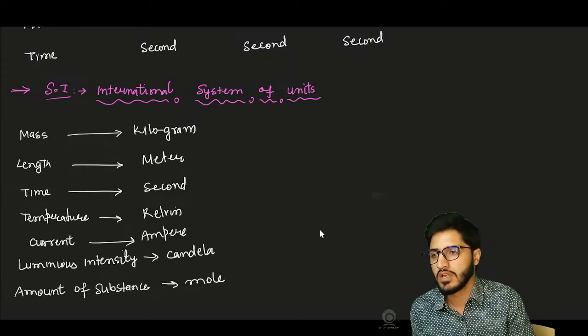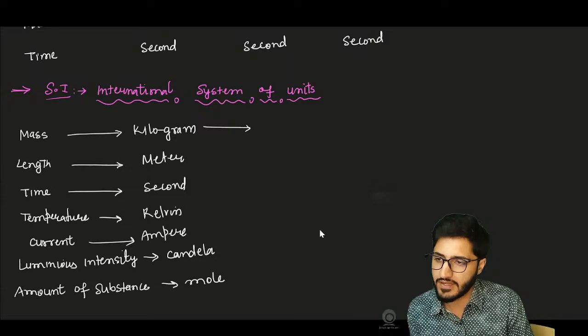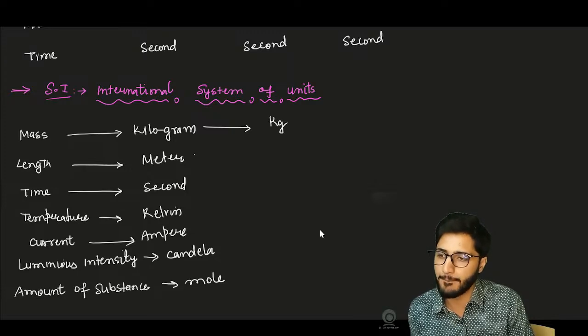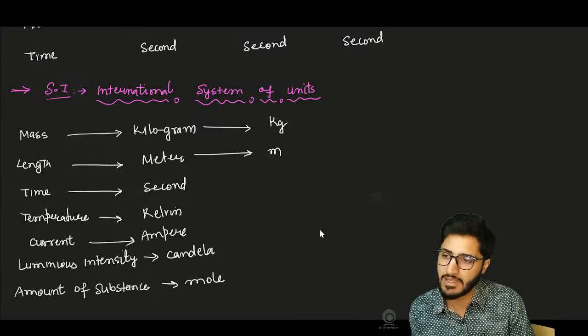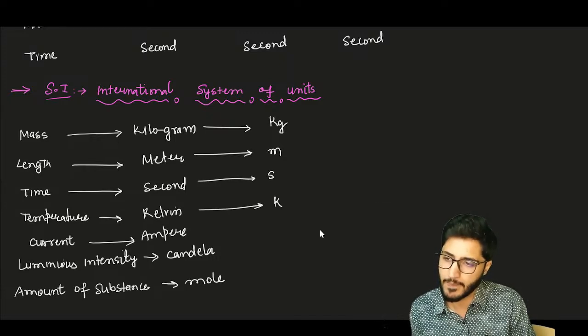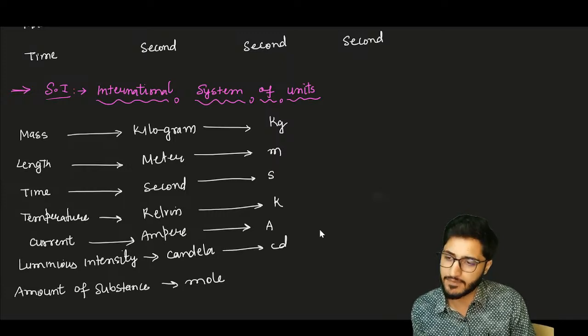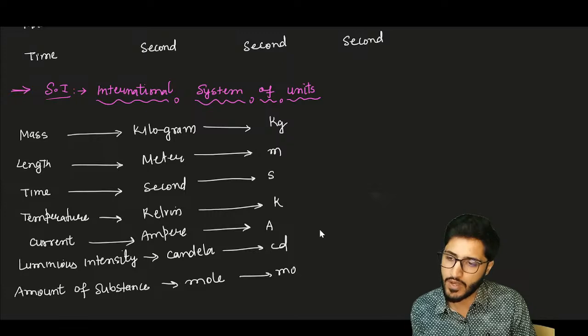Clear? Kilogram is represented as kg, meter as small m, second as s, Kelvin as K, ampere as A, candela as cd, and mole as mol.